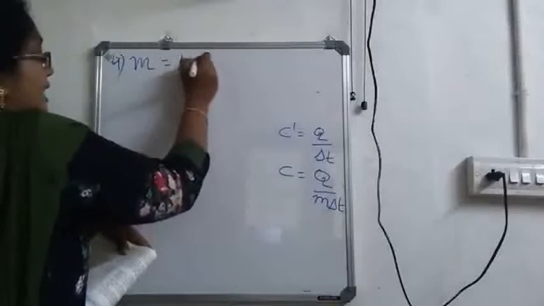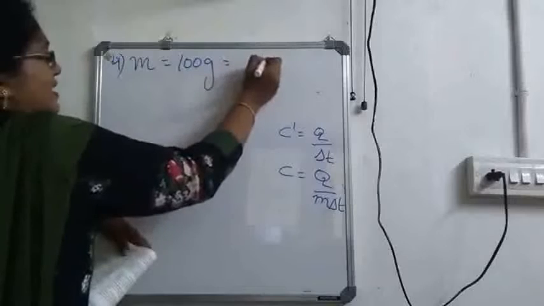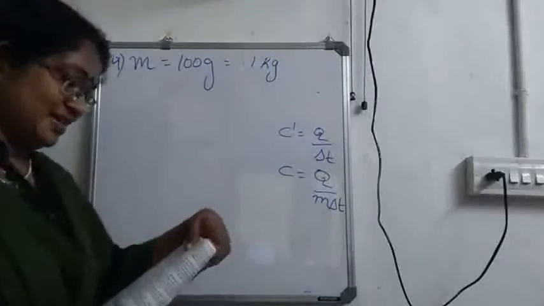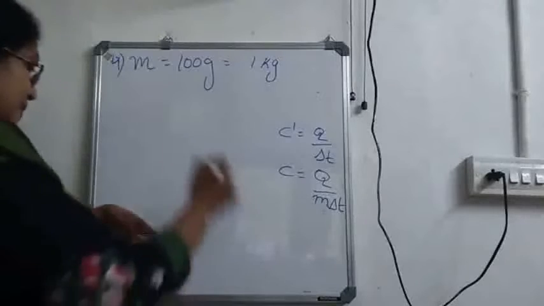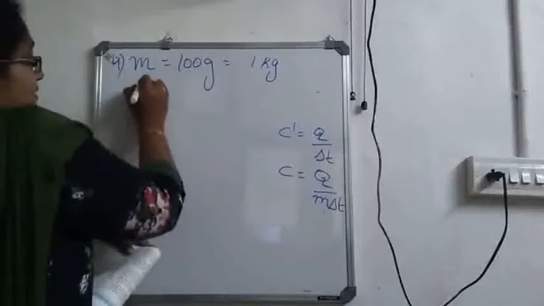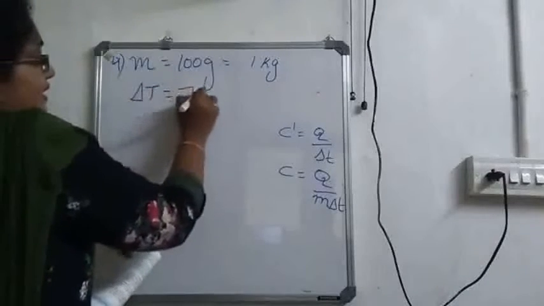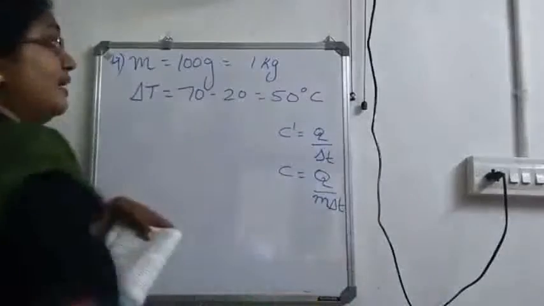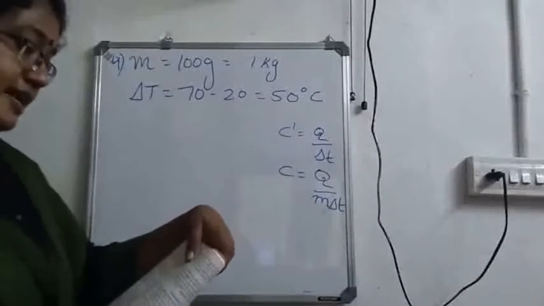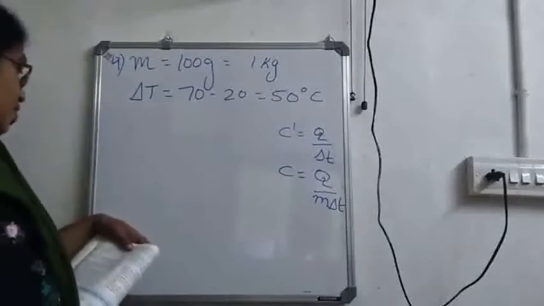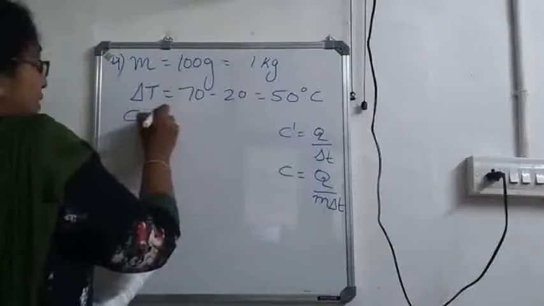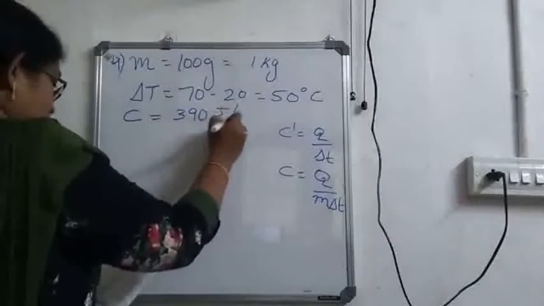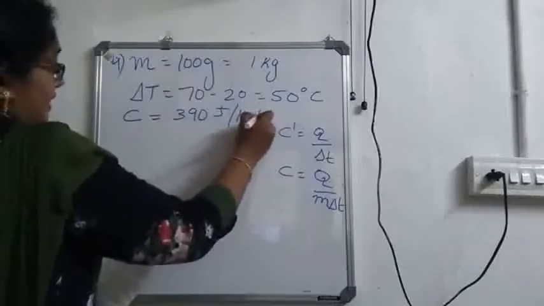So, mass is 100 gram, which we will put as 0.1 kg, from 20 degrees Celsius to 70 degrees Celsius. Now, delta T is equal to 70 minus 20, which is equal to 50 degree Celsius. Then, specific heat capacity of copper, C, is 390 joule per kilogram Kelvin.